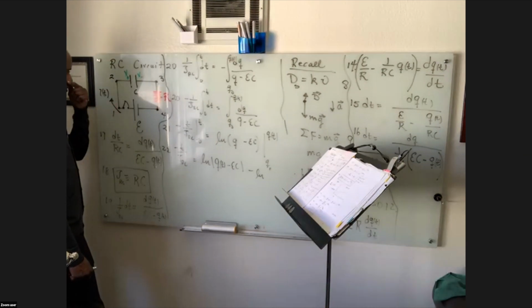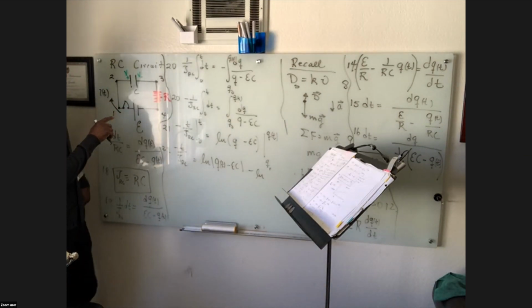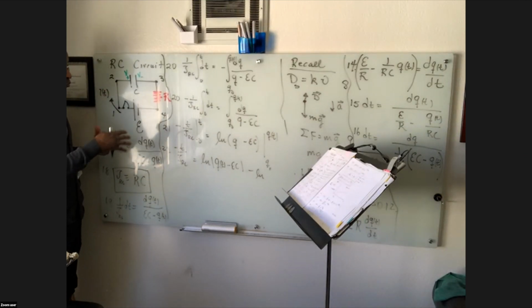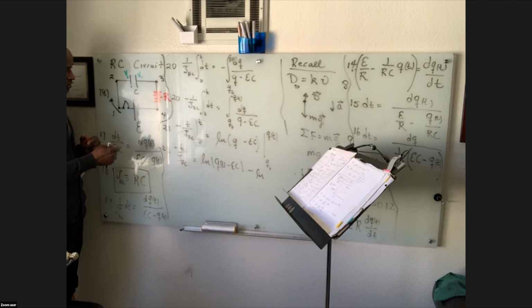With this problem, I should have been a little more specific. This capacitor is charging up. There are two versions of this problem. One is when the capacitor is charging: I close the circuit, and current flows until the current dissipates, as I said. And so the capacitor is charging up.